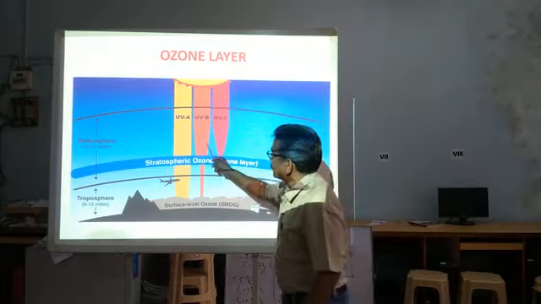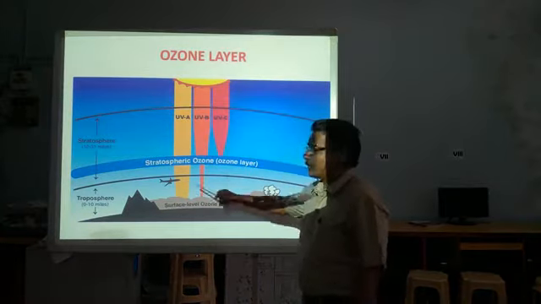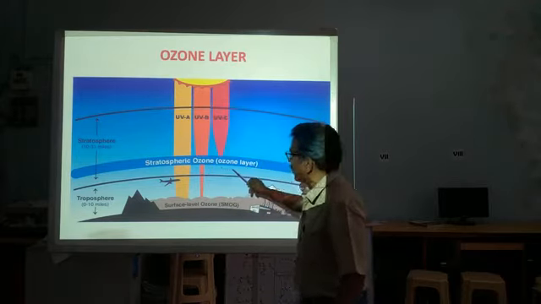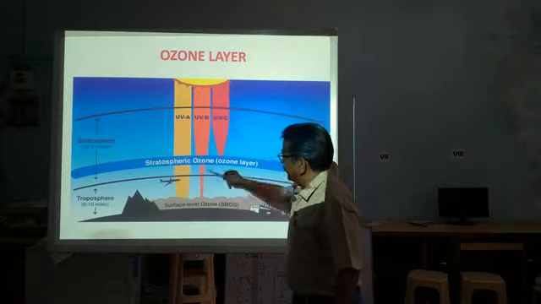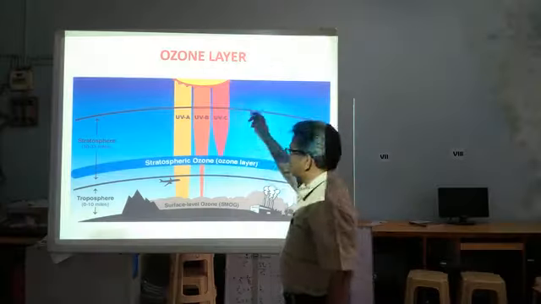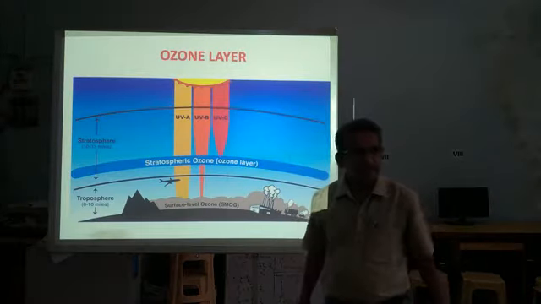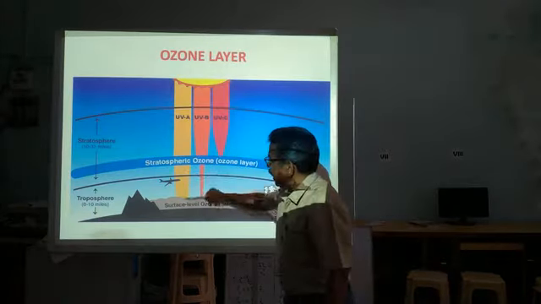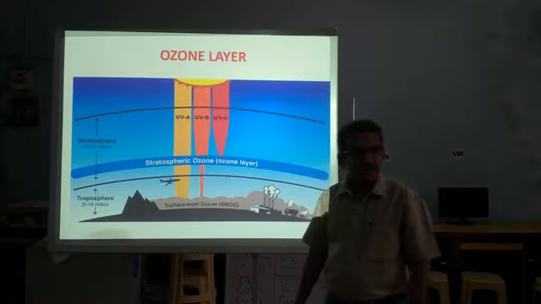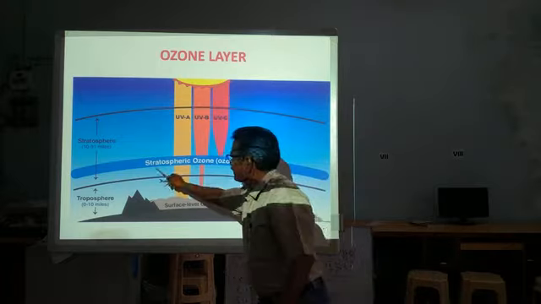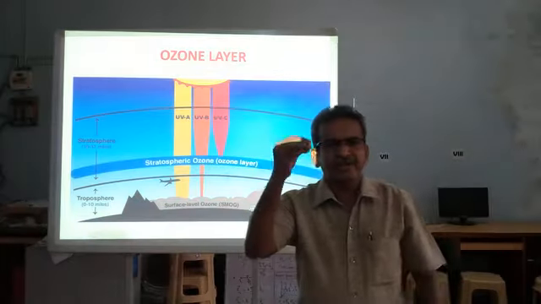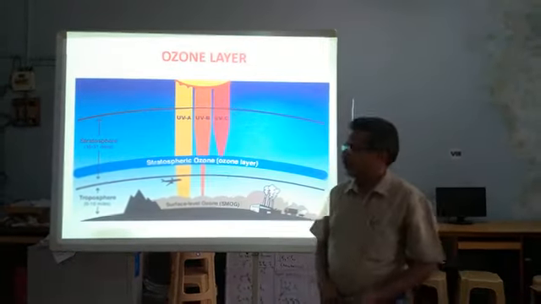See, what happens to these UVB and UVC once they cross through the stratosphere? The intensity of UVB is very much minimized, and UVC is almost nil. So only the harmless portion of the UV may be reaching the surface of the earth. Like that, the stratospheric ozone layer is acting as a very efficient filter of the UV radiations.